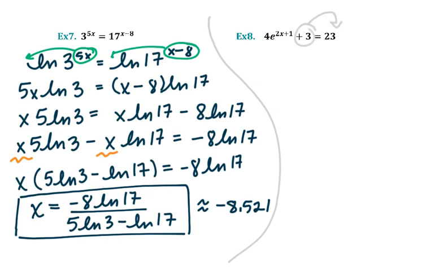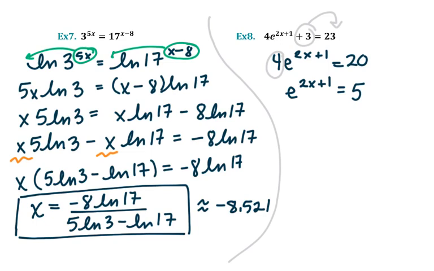And I'm going to subtract that 3 over here. So 4e to the 2x plus 1 is 20. I'll divide by 4 on both sides. e to the 2x plus 1 equals 5.